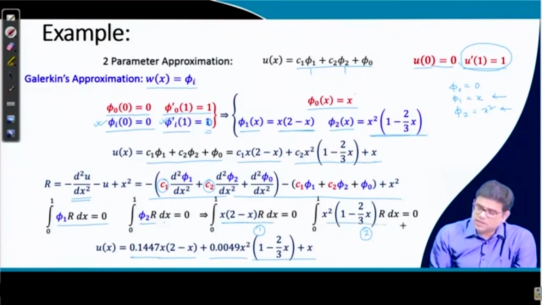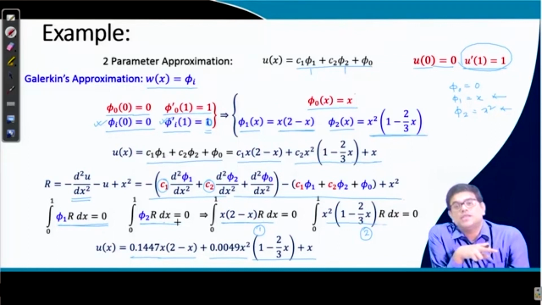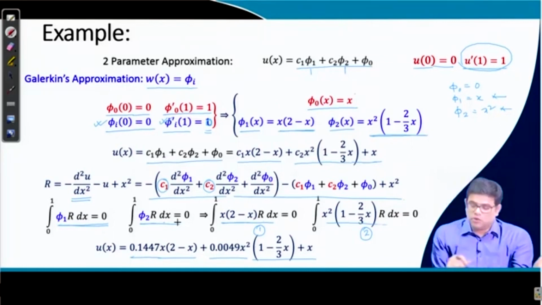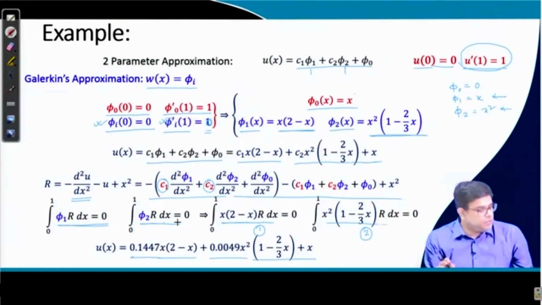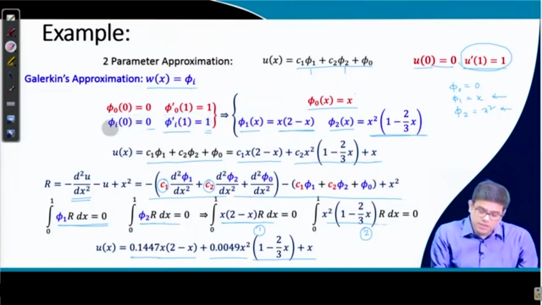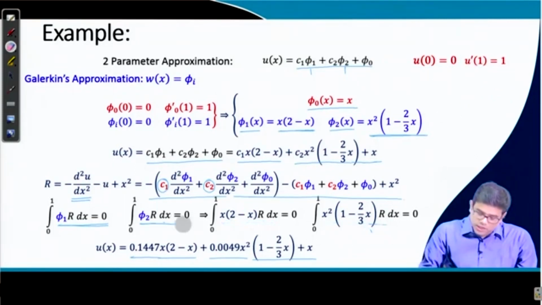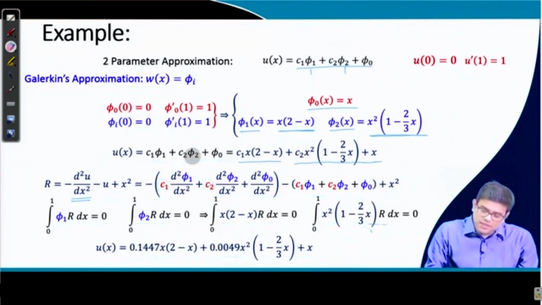If I choose phi 1 and phi 2 in these two equations, the Neumann condition is not satisfied, which was automatically satisfied in the weak form. So this is one of the distinctive features of the Galerkin formulation.